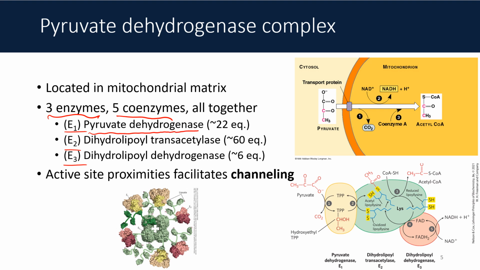And for every pyruvate dehydrogenase complex, there are 22 copies of this enzyme within its quaternary structure. Okay? E2, which is dihydrolipoyl transacetylase, has 60 equivalents of that polypeptide baked into this single protein. E3, dihydrolipoyl dehydrogenase, that's a measly 6 copies within the quaternary structure.